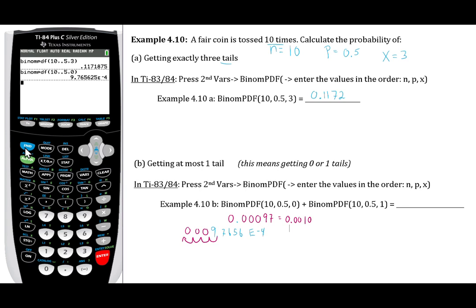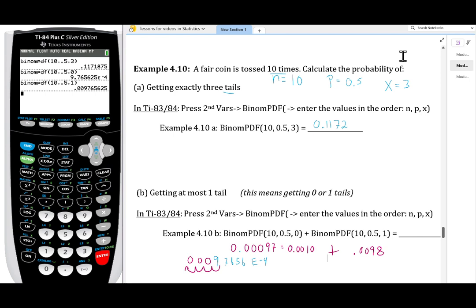All right, so now there's a faster way of entering these repeatedly into the calculator. Another way I could do this is just by pressing second enter, and it'll re-enter exactly what we have, and now we can just change it to 1 tail, the probability of getting 1 tail. And that would be 0.0098. Again, 4 decimal places, the 6 rounds the 7 up to an 8, and we can add these 2 together.